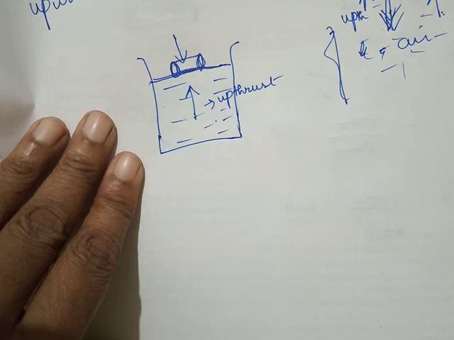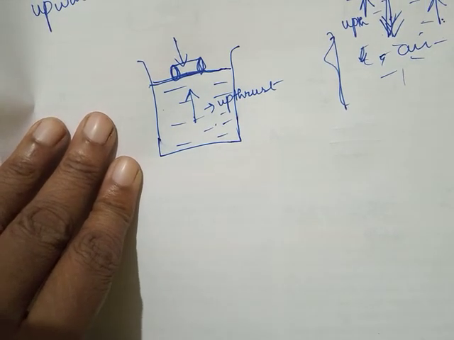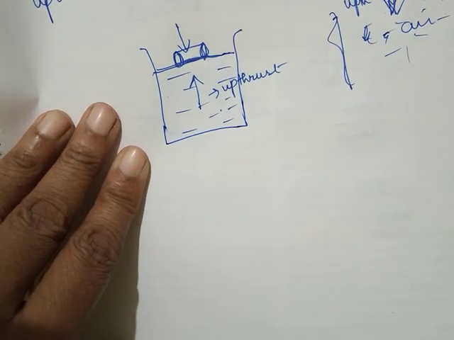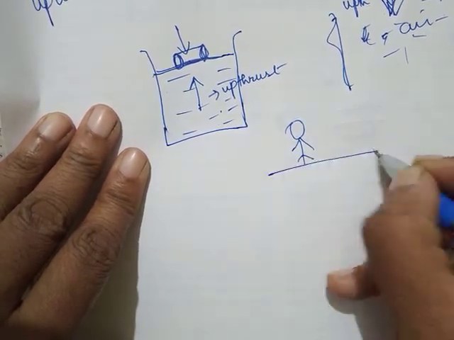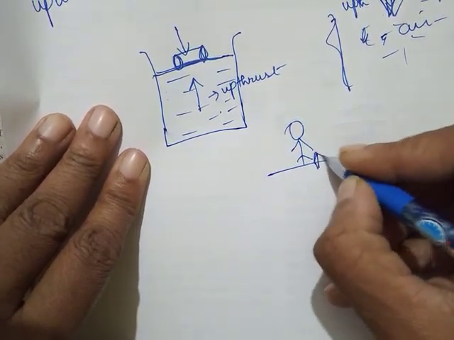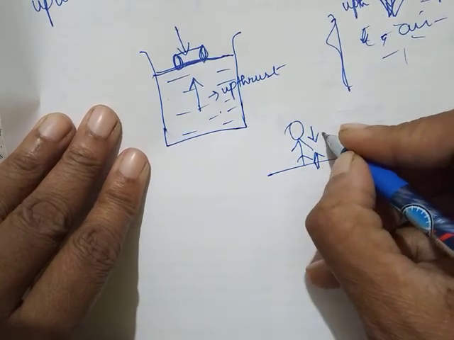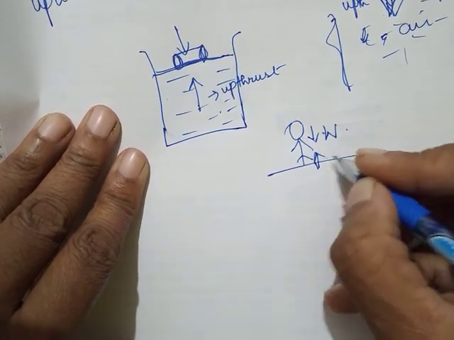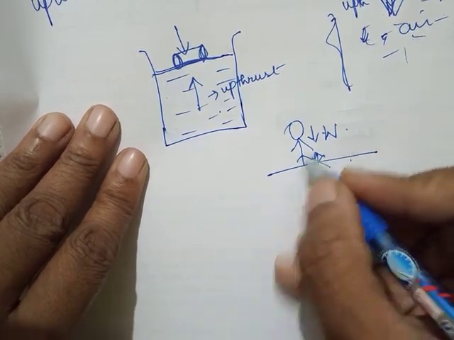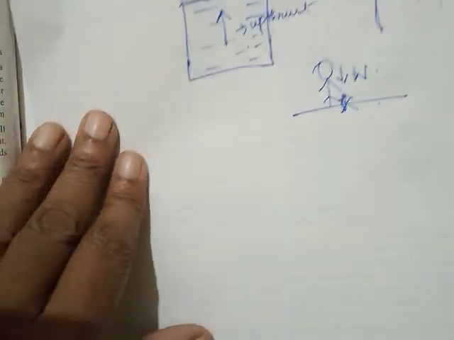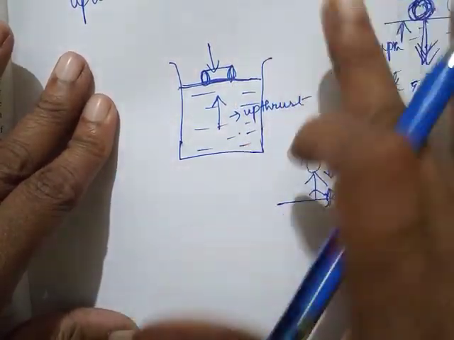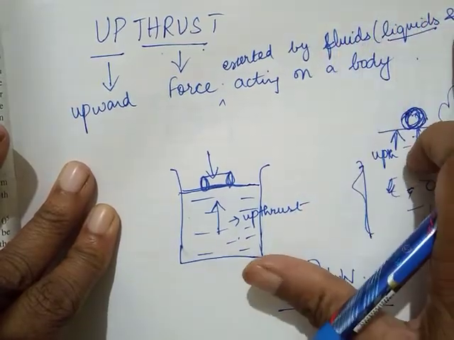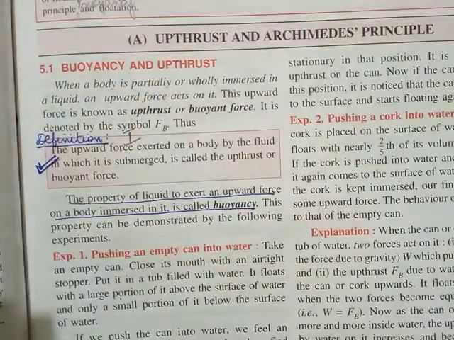Even we are under the influence of upthrust, but because our weight is so much more, air is exerting an upthrust on our body also, but our weight is so dominating that it will cancel the effect of this and we are able to walk easily. Hope you got the idea of upthrust, children. It is the upward force exerted by fluids, both liquids and gases, on a body.